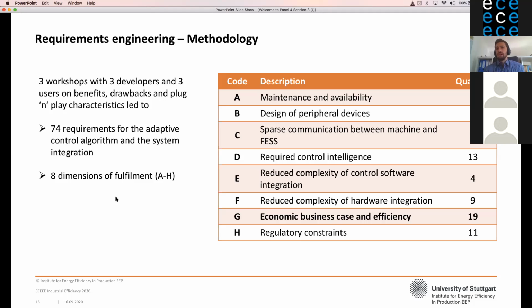The category economic business case has received the most of the votes, so there's a lot of focus on these subjects in the research project. As I don't want to present all the 74 requirements, I'm just going to have some key findings on the next slide.